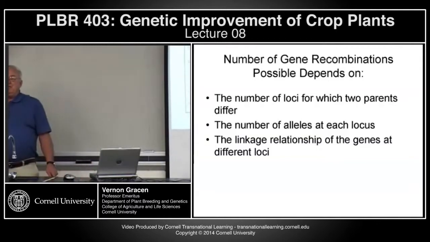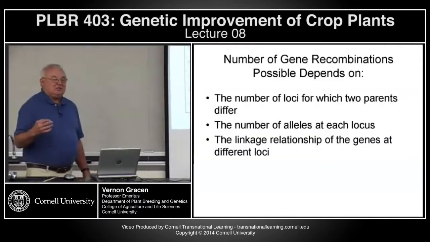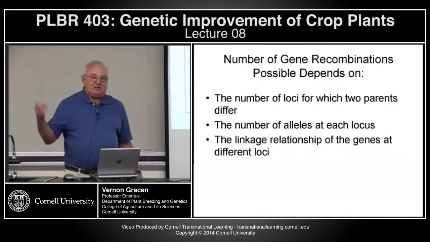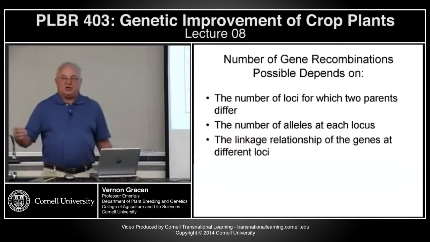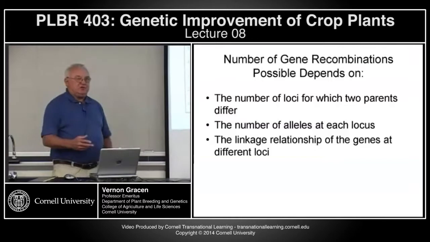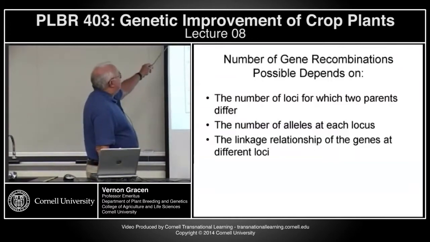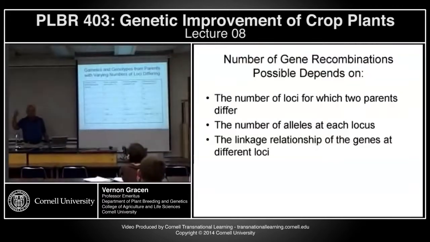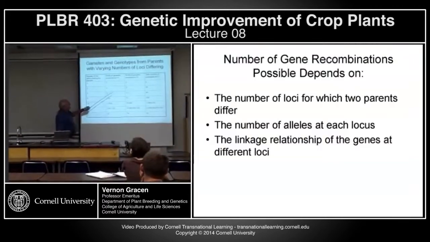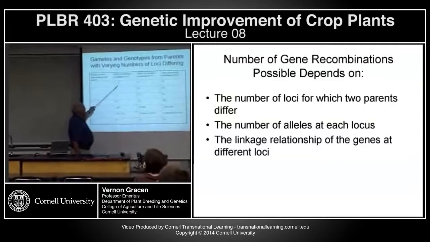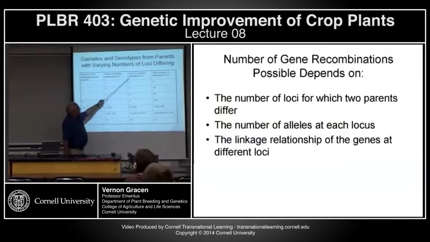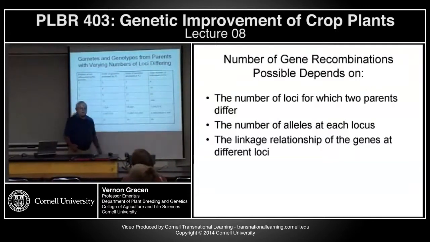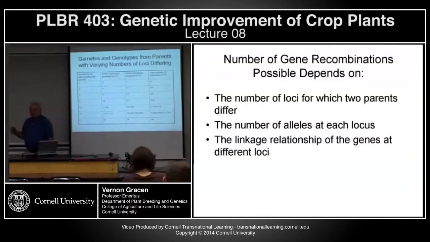And just to give you a feel for the magnitudes and often how inept our plant breeding studies are at sort of measuring this variation, if the two parents that you pick differ at one locus, it's pretty easy. You can end up with two different types of F1 gametes and 3 F2 gametes and 4 different types of individuals in the F2 generation.